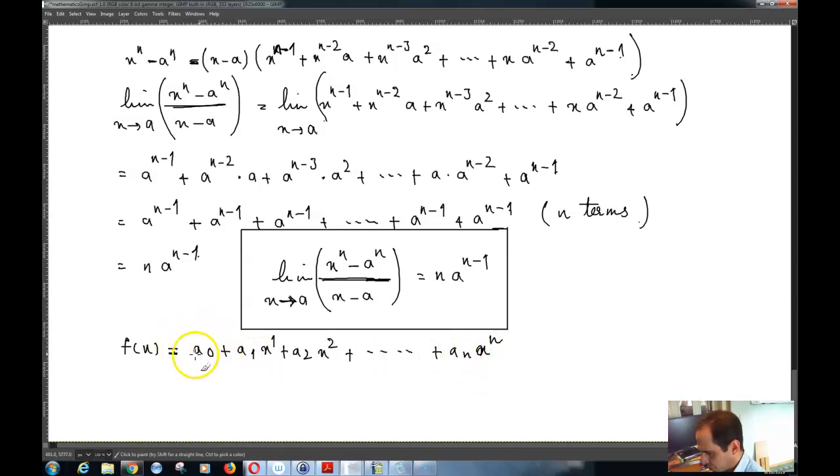Now, of course, over here a0, a1, a2, a3 can be any real number. It could be positive or negative. But basically, n has to be a positive integer.